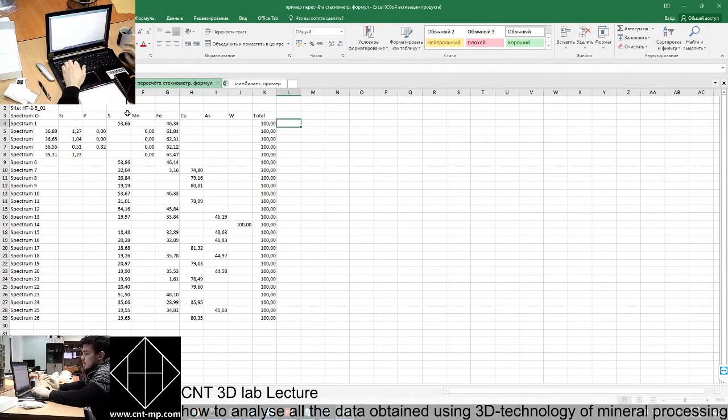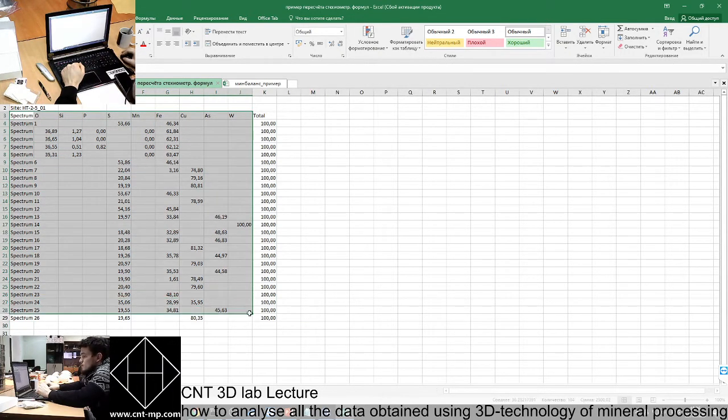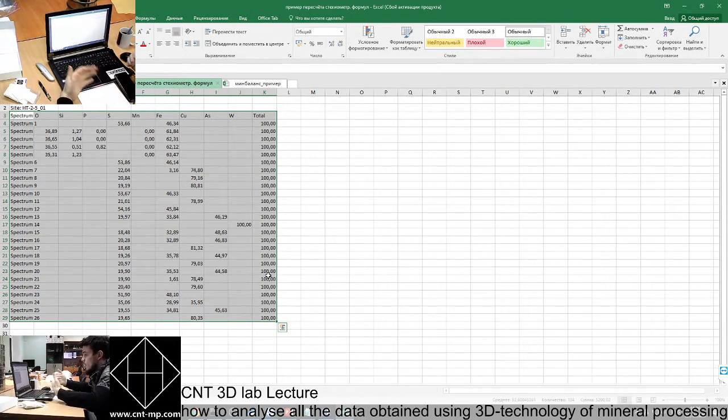But it's not a big problem when analysis is normalized. We definitely can use our model for that. For example, here is an example of what we receive from the electron microscopy operator.